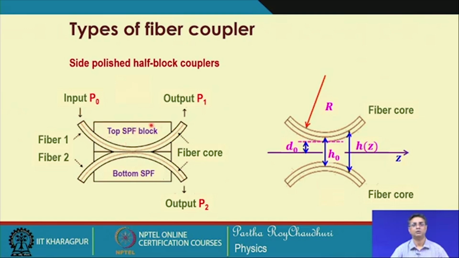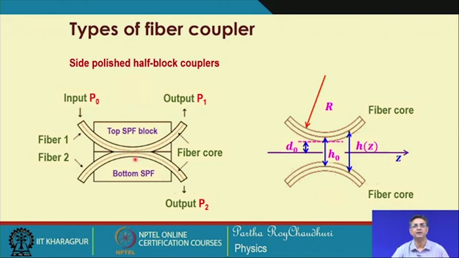This is called a half block because it constitutes half of the total system. You have a fiber, you have a block. Similarly, you have a fiber, you have a block. This is the top side block, the side polished block, and each block is polished at this region, so that a part of the cladding is removed and you reach almost close to the core.